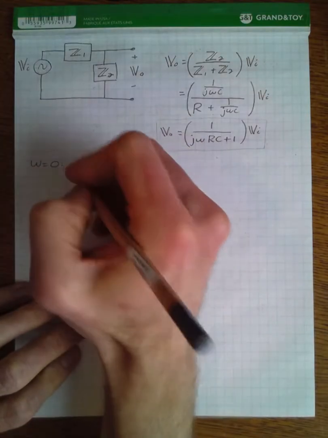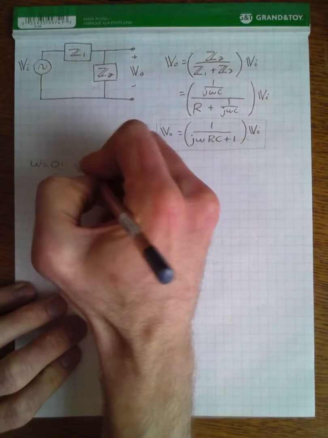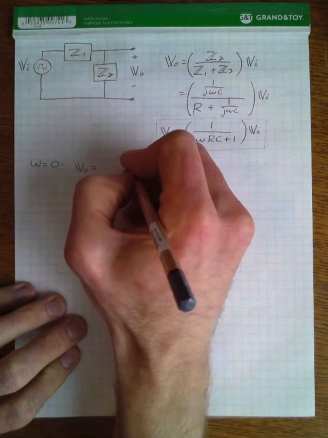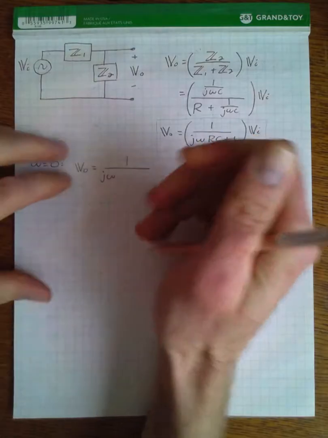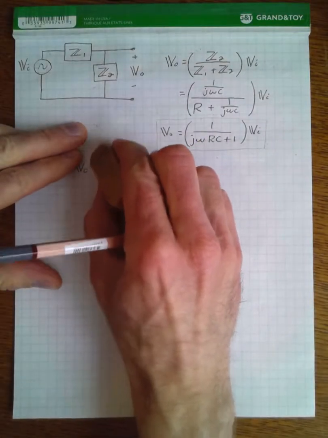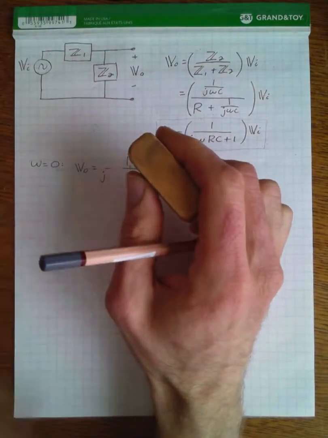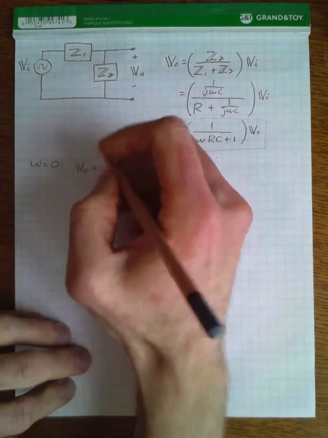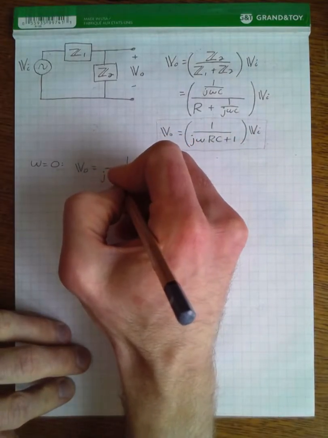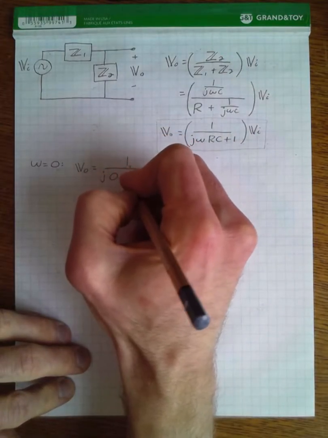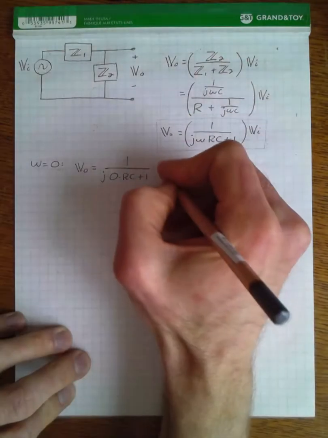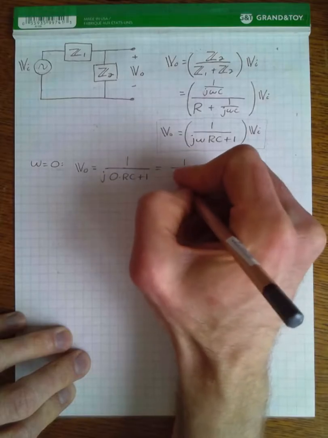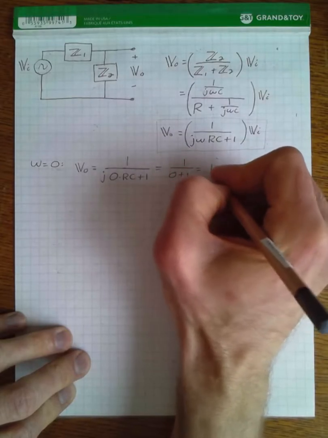In this case, our output voltage, VO, is equal to 1 over j omega RC plus 1, where omega is equal to 0. So of course, this is equal to 0, so we have 1 over 0 plus 1, or 1.